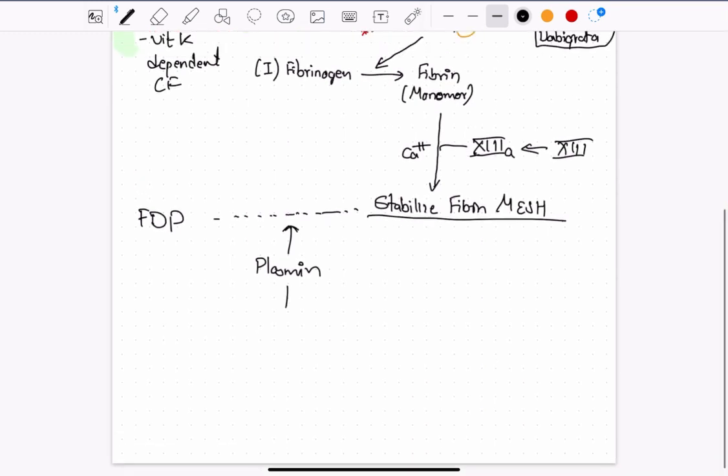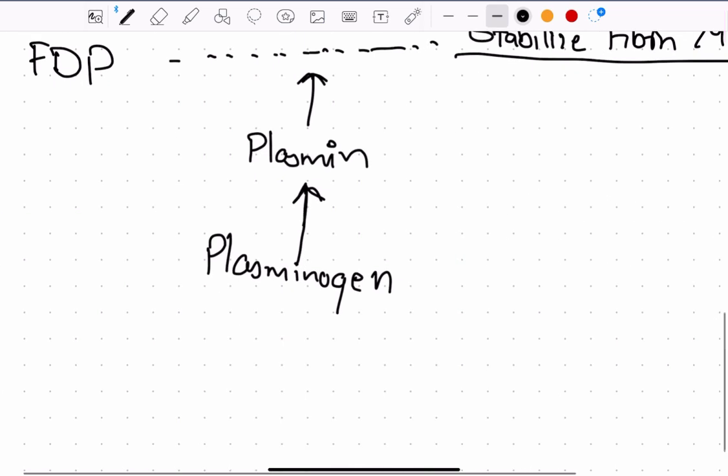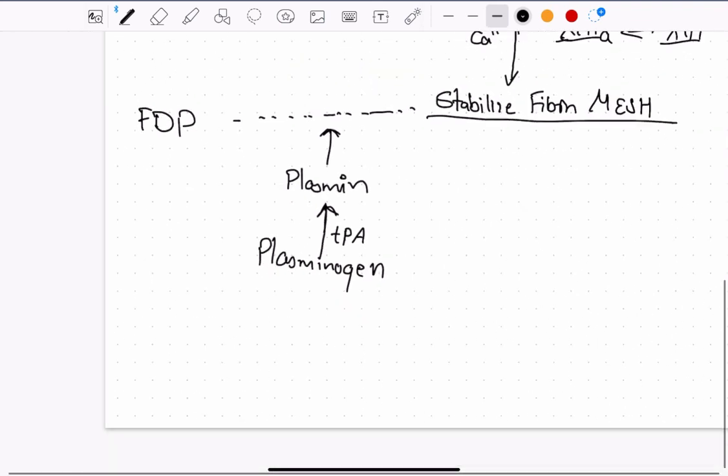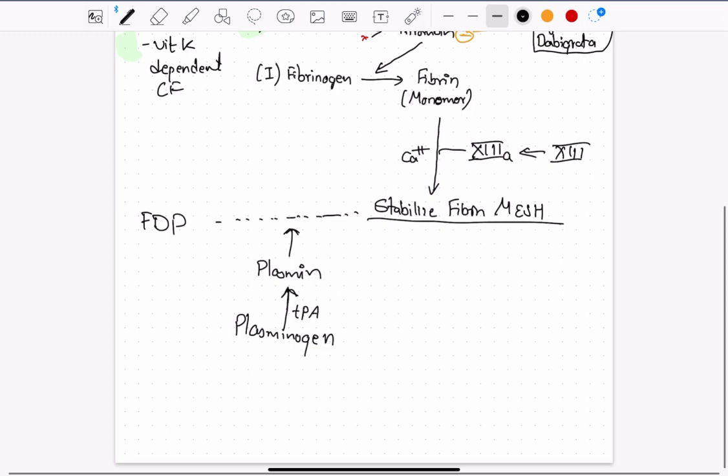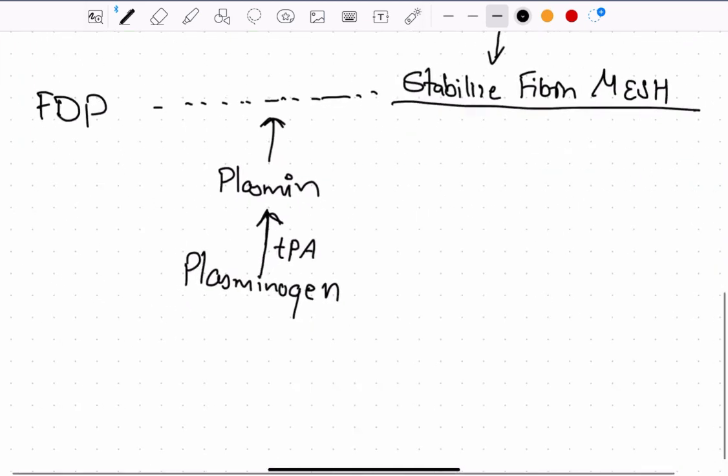It is an activated form of plasminogen. So plasminogen gets activated to plasmin, which will destroy the fibrin mesh. And this activation process here is done by TPA, or tissue plasminogen activator. So tissue plasminogen activator will activate plasminogen into plasmin, and then plasmin will destroy the fibrin mesh.